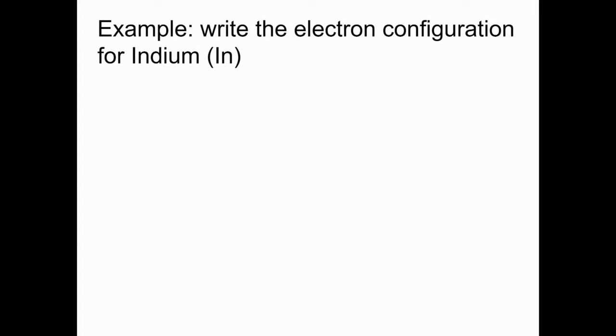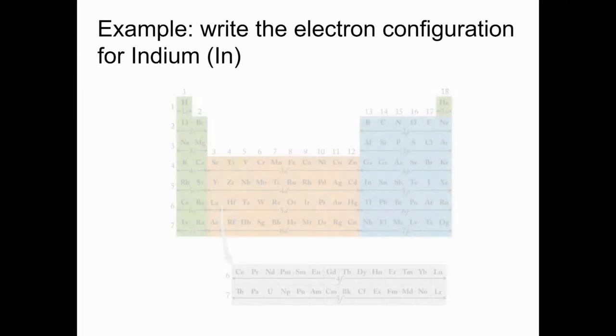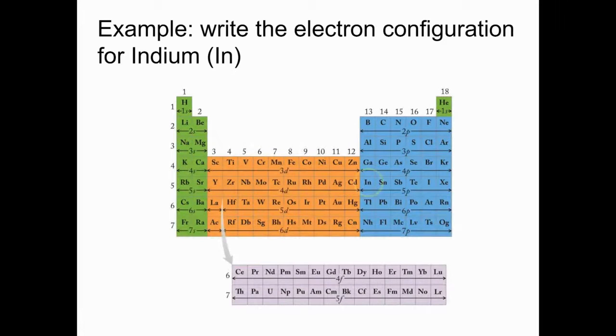Okay, so let's do a practice problem, an electron configuration for indium. First you want to look on the periodic table and find indium, and you can find it right there.